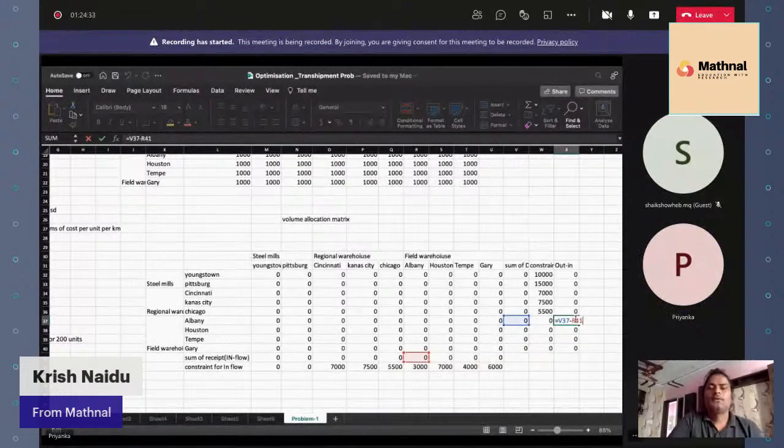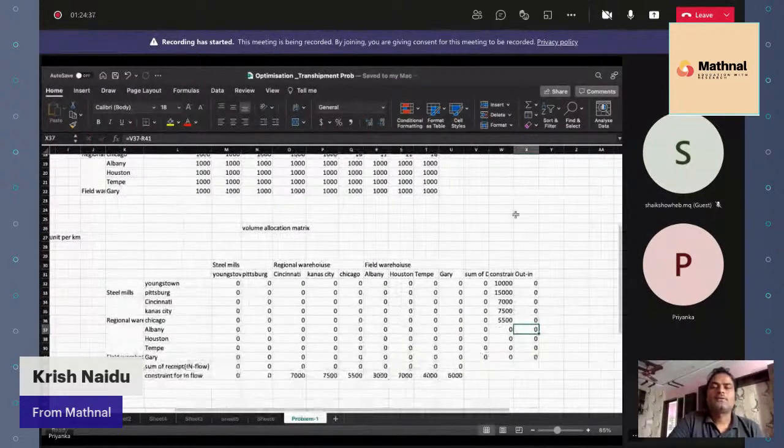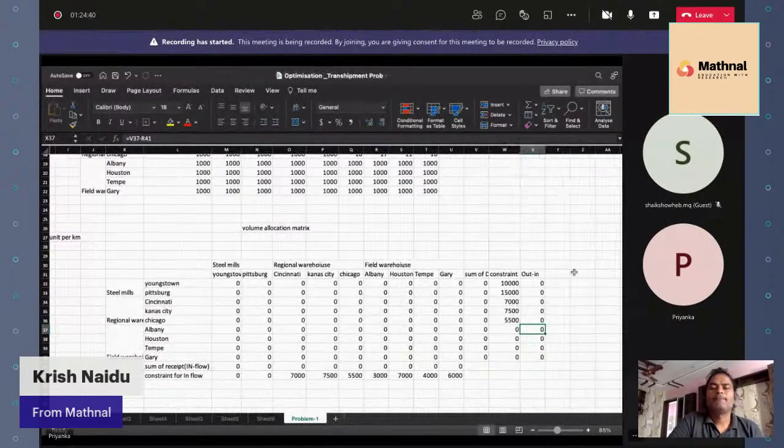Now we'll put one more constraint. The next constraint is the out minus in constraint.